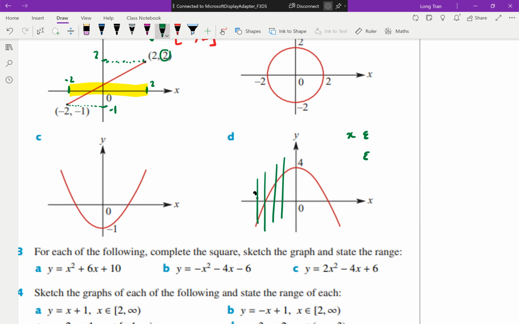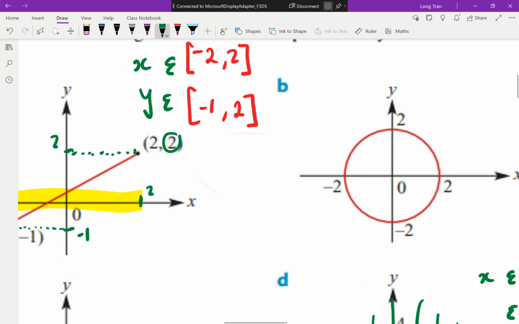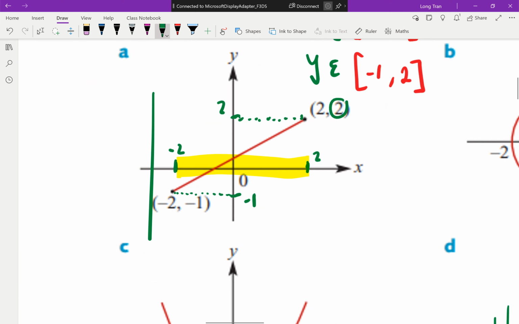And I'd say, does it cross the graph? And he'd say, yes. I'd say, good, that one's included, that one's included, that one's included. So if you keep doing vertical lines, if it crosses the graph, it means it's part of the domain. And that helped him understand what the domain is. Whereas over here, when he drew a vertical line, I'd say, does that touch the graph? He'd say, no. I'd say, well, that's not part of the domain. And I'd ask, where's the smallest that you can draw?